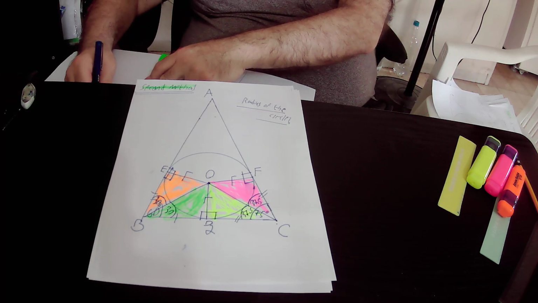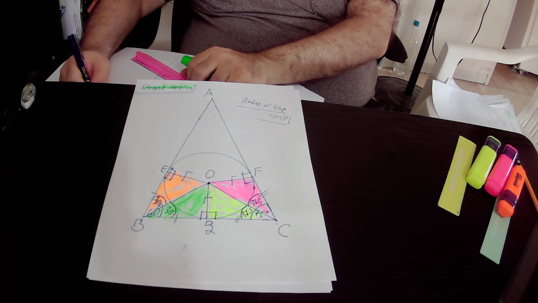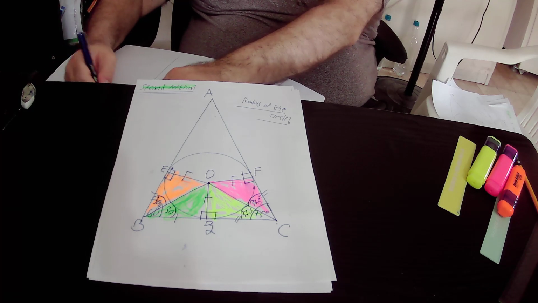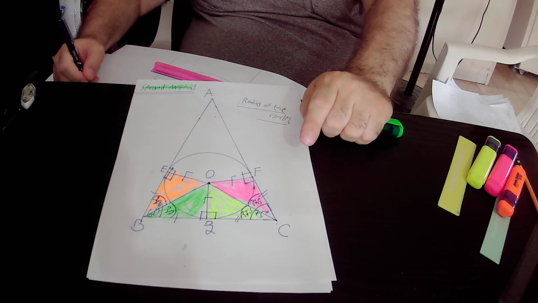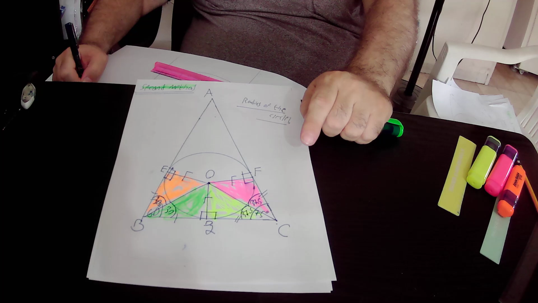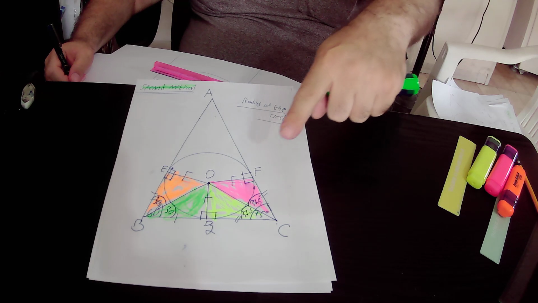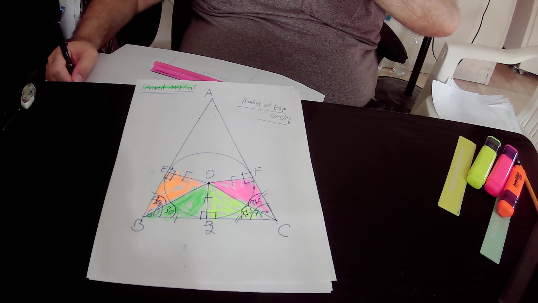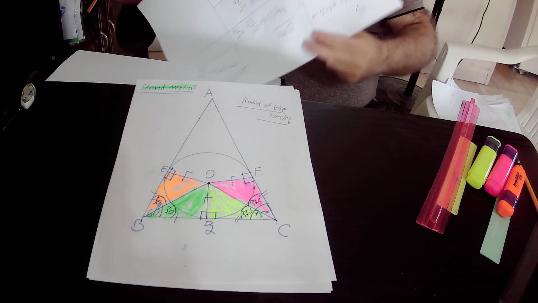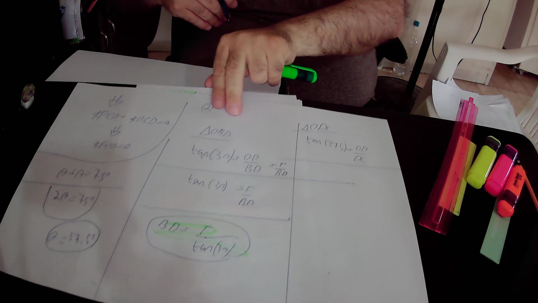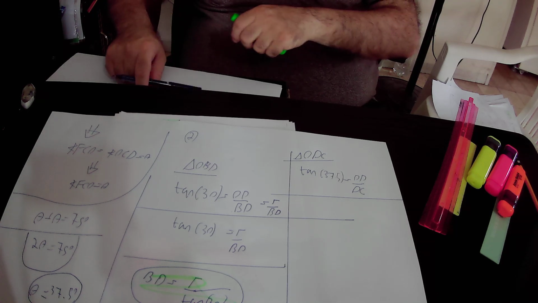In the yellow triangle ODC, it's very easy to see from the drawing that tangent 37.5 degrees is equal to OD over DC. I'll repeat again, in the yellow triangle ODC, tangent 37.5 degrees equals OD over DC.